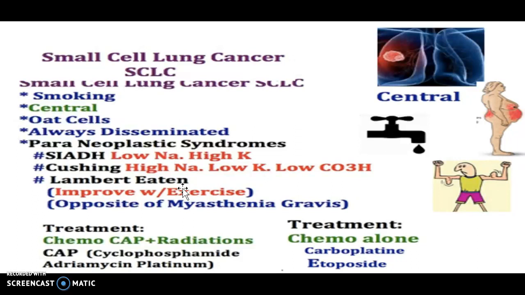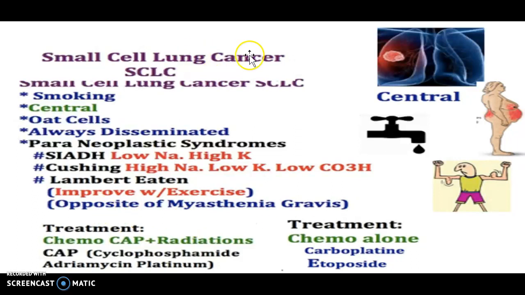Usually you feel pain in the morning, and the pain will lessen throughout the day because you're exercising. That's the opposite of myasthenia gravis. Myasthenia gravis is the same as Lambert-Eaton in terms of the dysfunction of the synapse. However, with myasthenia gravis, the more you exercise, the worse the pain becomes.